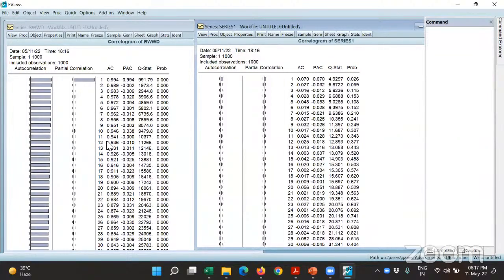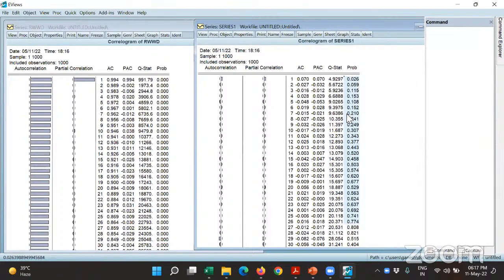So your stationary series has autocorrelations, correlation with itself. That's what is referred to as autocorrelation. The partial correlations are correlations with itself while controlling for any intermediate value. These correlations and partial correlations are all non-significant here. They do not have any significance level.